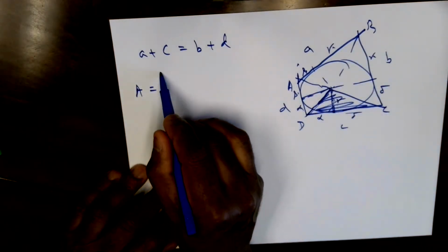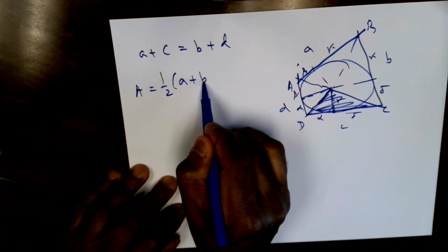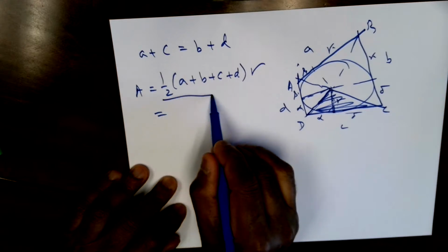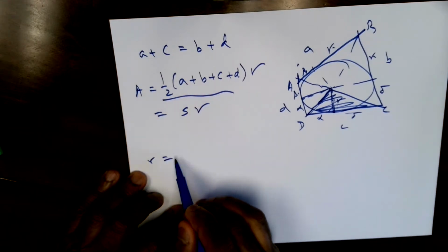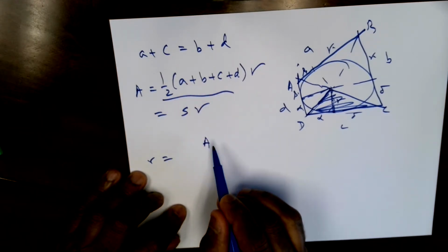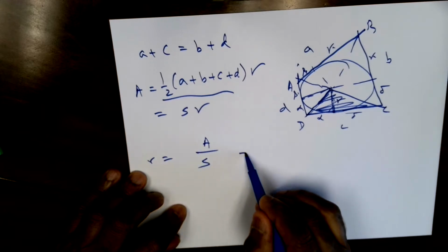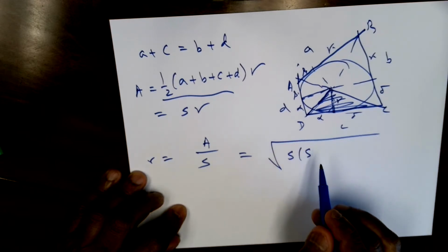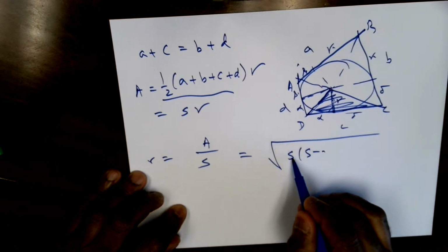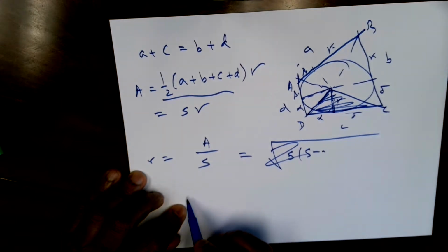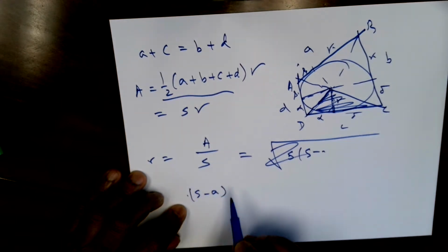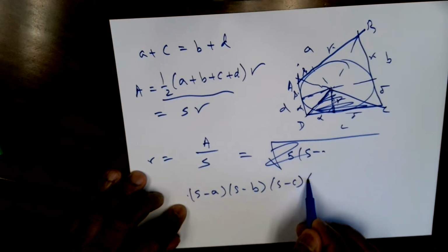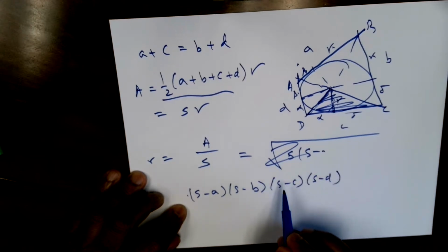So the area of the quadrilateral will turn out to be half A plus B plus C plus D multiplied by small r. And this is Sr. So r is the area over S. So this will turn out to be S minus A multiplied by S minus B multiplied by S minus C multiplied by S minus D.